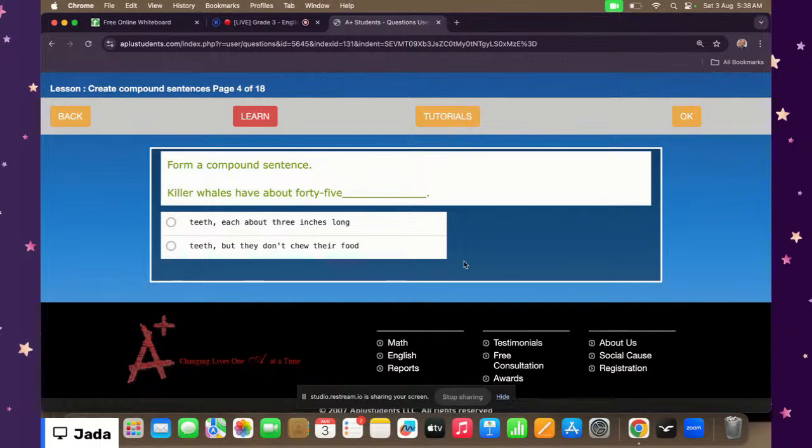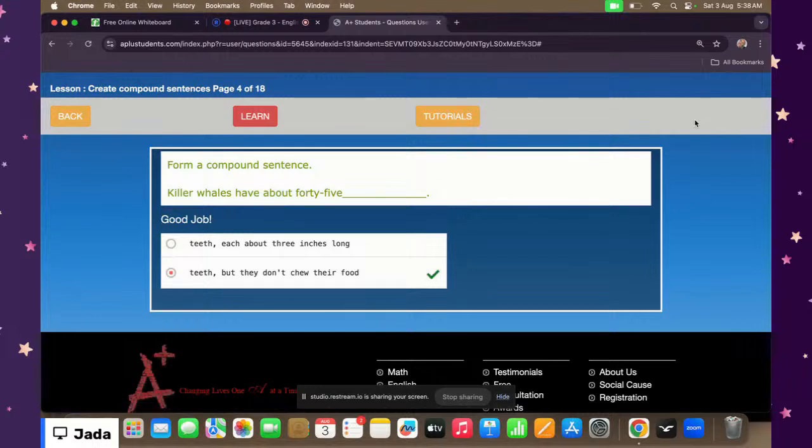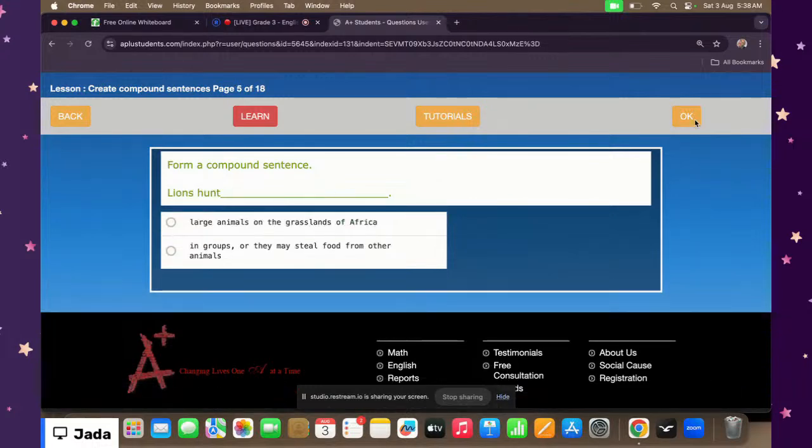Okay. Lions hunt dash. What is the right answer for this one? B. What's your answer here for this one?